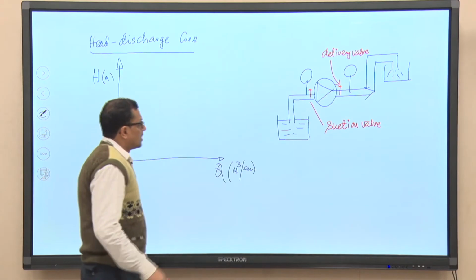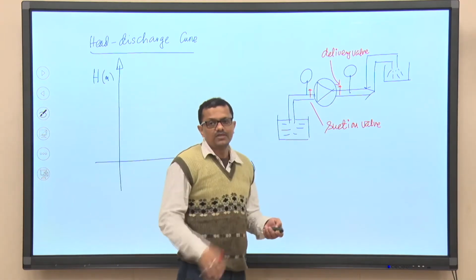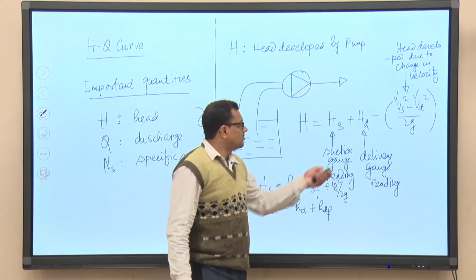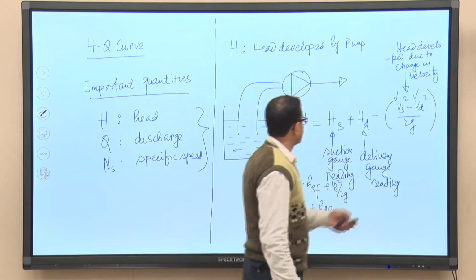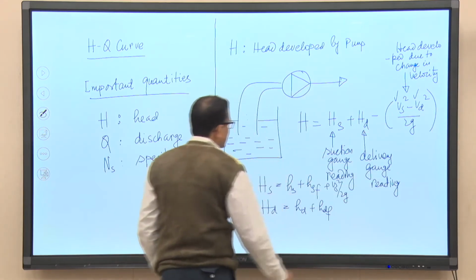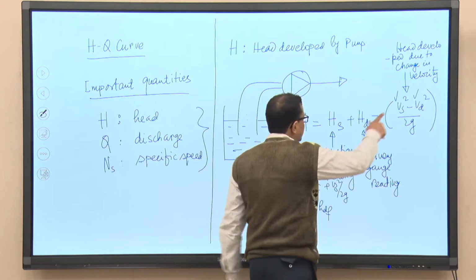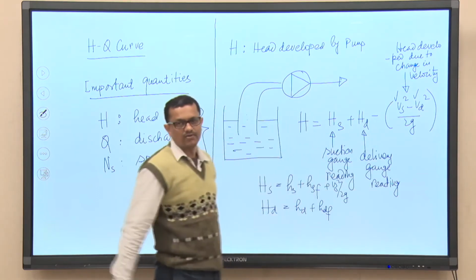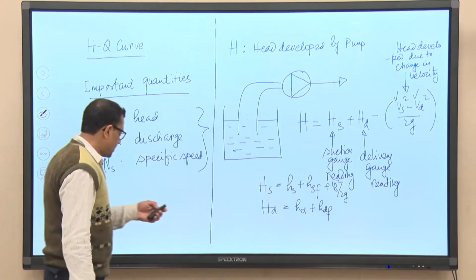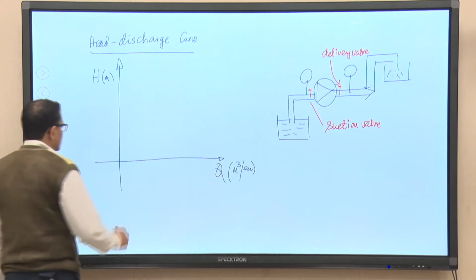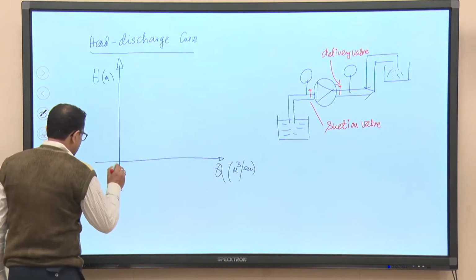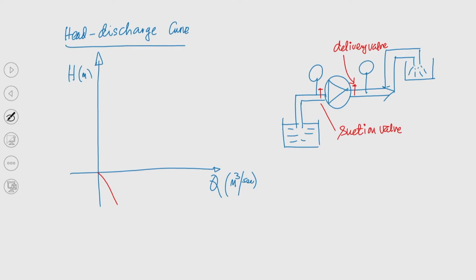So, Vs will not be 0, right. That means Vd equal to 0, Vs is not equal to 0, but when Q is equal to 0, at least what we can see is that Hs plus Hd minus Vs square by 2g is a constant value, right. So, if I now try to write here that when Q equal to 0, this will be constant.